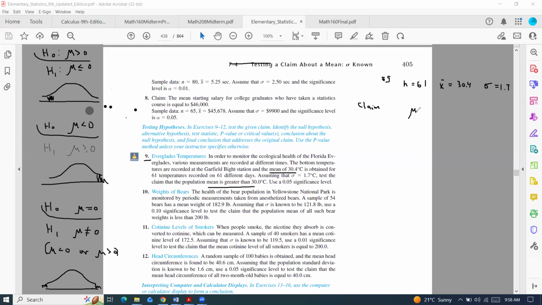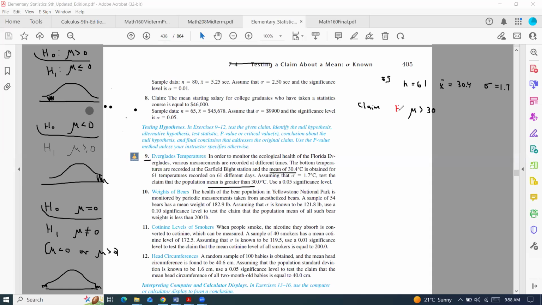So you study some sample, and then you want to make, based on that sample, a decision about the entire population. Okay, you can claim anything you like, but here is the start. They claim something, we want to test it statistically. So how to test it?